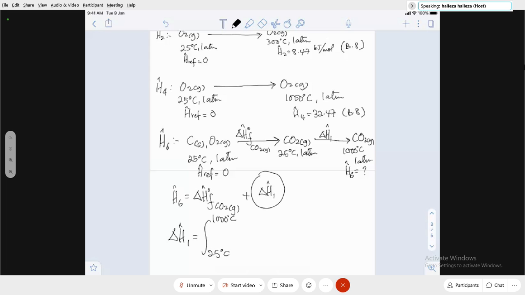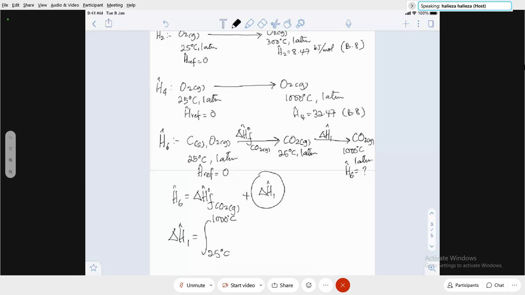B1. Sorry, B2. I'm not going to show you guys the appendix B1. I'm just going to list down the values from appendix B1 so that we can save some time from looking back and forth.